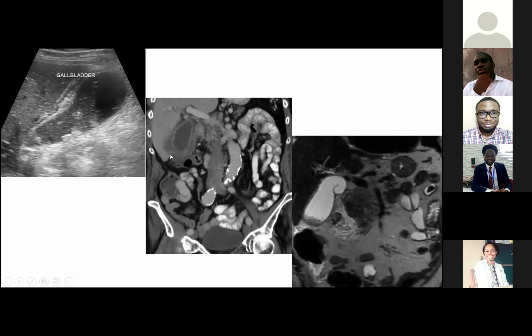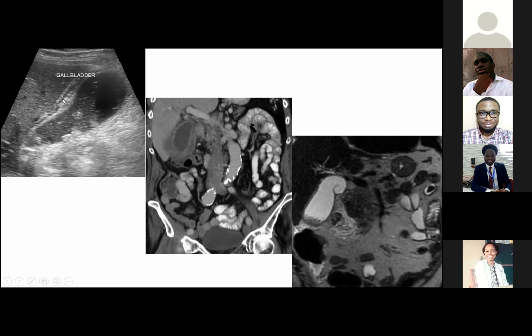So I've shown different patients who've had the more appropriate exams. In the top left corner here is an ultrasound scan of the gallbladder, showing what a patient with cholecystitis would look like. This is the gallbladder, and you can see it's got small opacities in it, or echogenic areas, which correspond to gallstones.